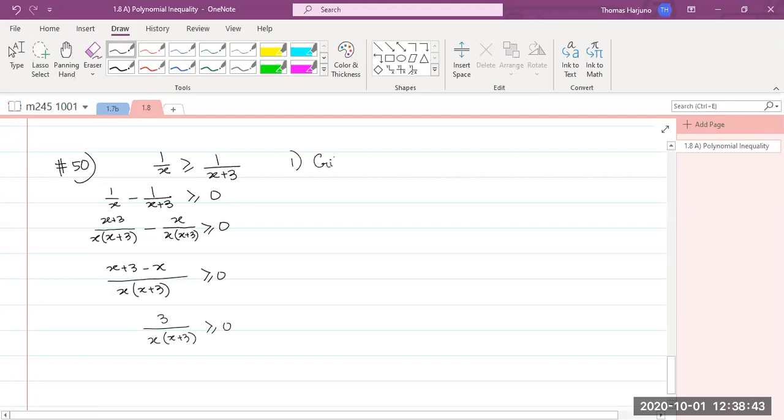Critical numbers. Excuse me, sir. Wait, did you multiply x plus 3 to both sides? No. I did LCD, so once I have this here, then I see the LCD is x times x plus 3.